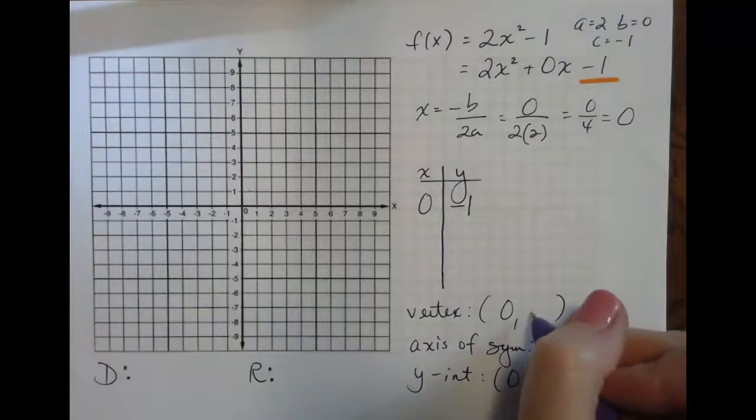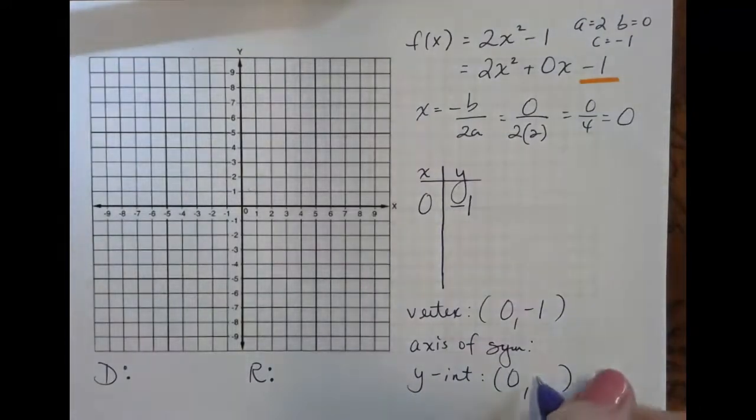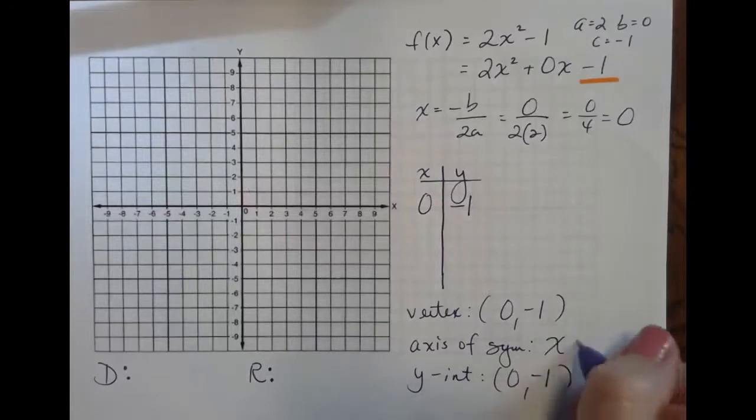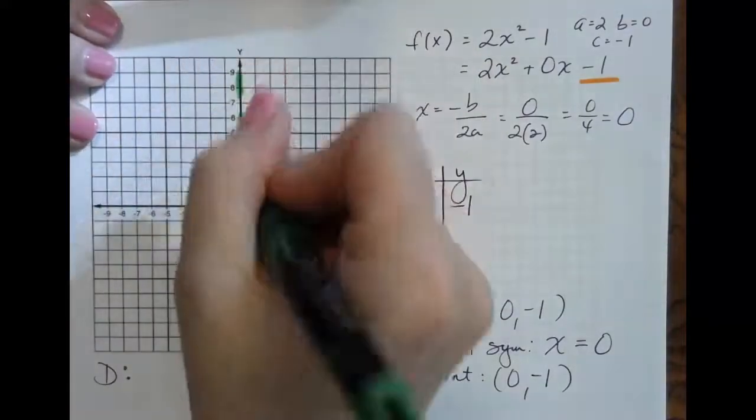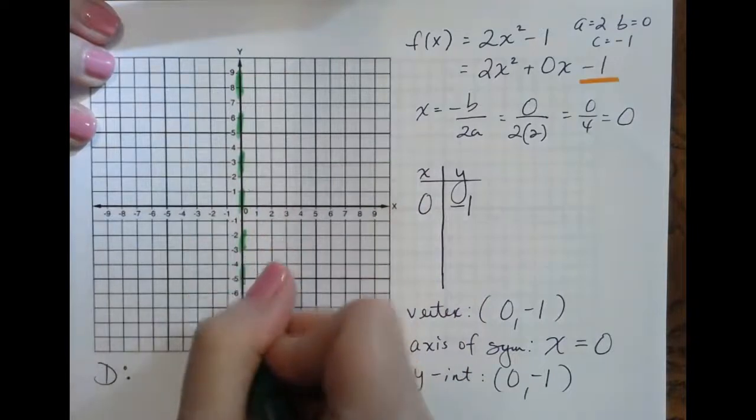So the vertex is at 0, -1. The y-intercept is at 0, -1. The axis of symmetry is at x equals 0. So let's put in that axis of symmetry, which is right on top of the y-axis.